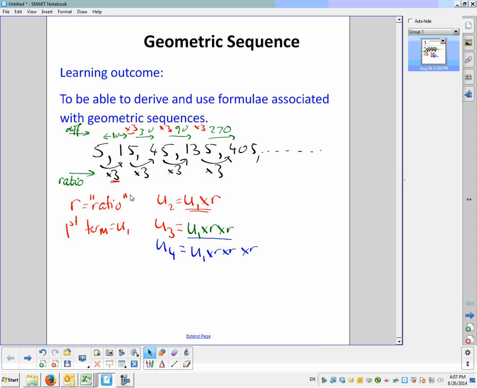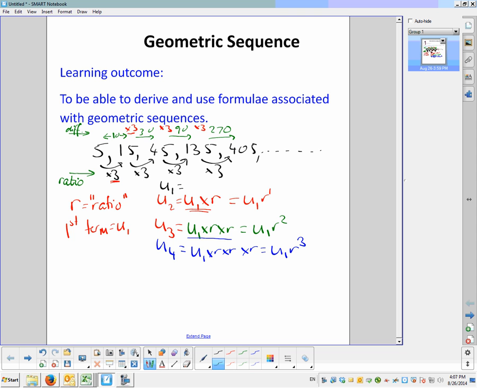Now if we do a little bit of simplifying, that's U1R, that's U1R squared, and that's U1R cubed. And let's put the index on the 1 as well. What if we wrote the similar thing for U1?